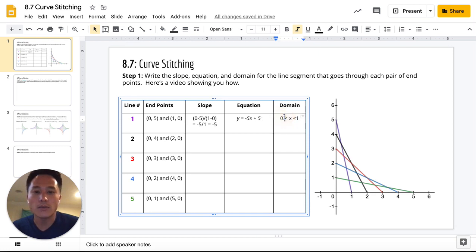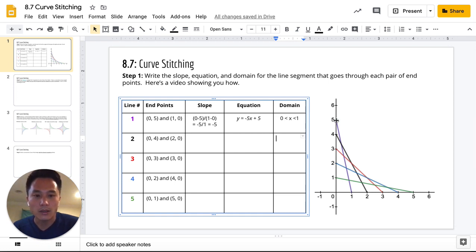The domain of the function, you'll remember, you can think of it as the furthest to the left the graph goes to the furthest to the right the line goes on the x-axis. So if I look at this purple line, the furthest to the left is right here.